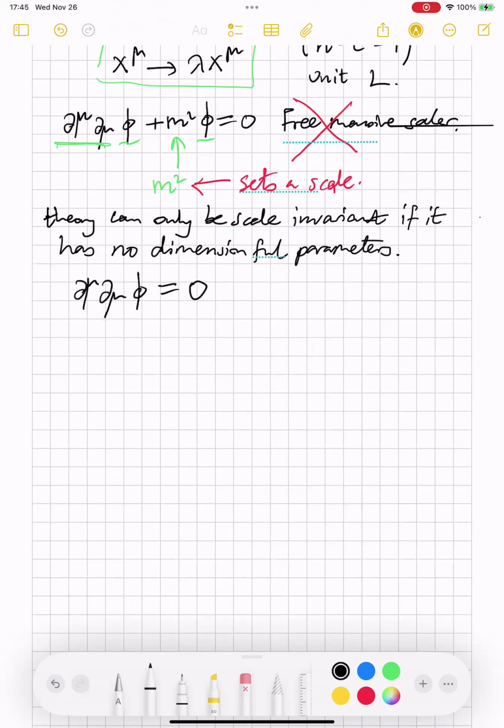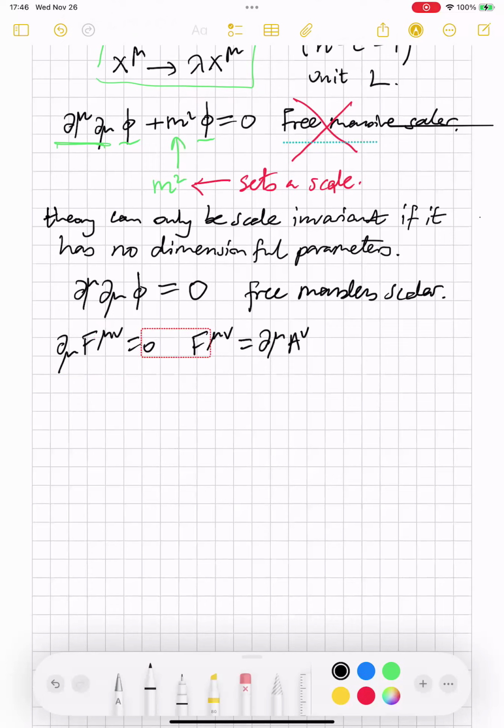So in other words, a free massless scalar. And in fact, it turns out that that is a CFT. There is a CFT based on the free massless scalar. This theory has no dimensionful parameters. Another example would be to take ∂_μ F^{μν} is equal to 0. And here by F^{μν}, I mean the electromagnetic field strength, ∂^μ A^ν minus ∂^ν A^μ.